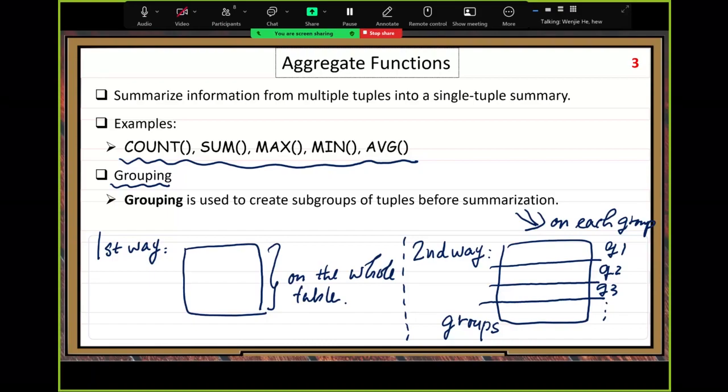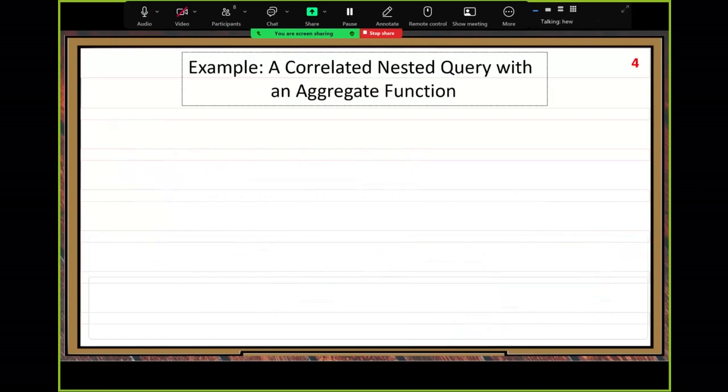Use the group by clause. After group by, you need to specify the way to define groups. So let's see how to use the group by clause to define groups.